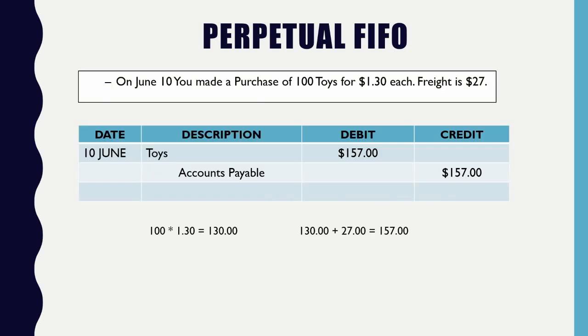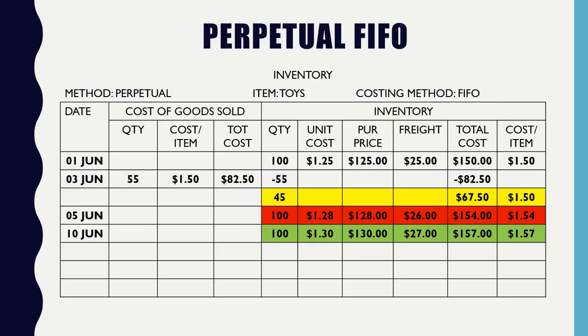Okay. So then the next scenario is on June 10. We end up making another additional purchase of 100 toys at $1.30 with a freight of 27. In this case, there you go. I don't need to do the math because right there, boom, right? Now I have three batches of inventory. My very first one that I purchased has a leftover remaining of 45 units.